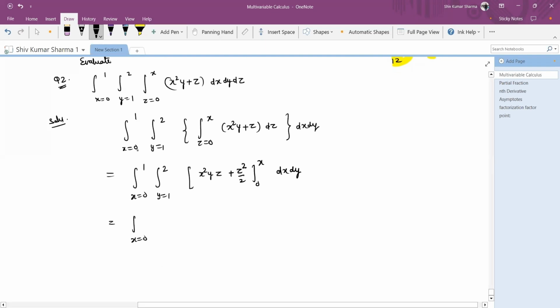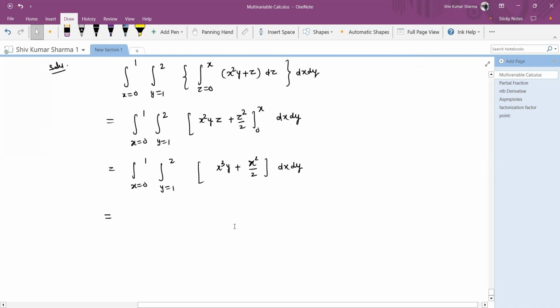So we write down x equal to 0 to 1, y equal to 1 to 2. When we put z equal to x, this gives us x cube y plus x square upon 2. And when we put z equal to 0, it gives us 0, so we do not write it.